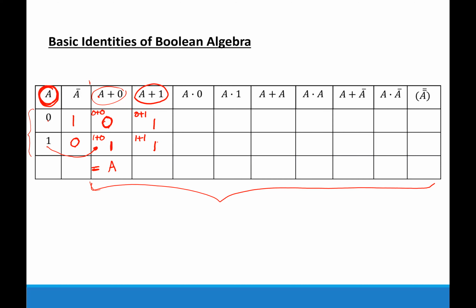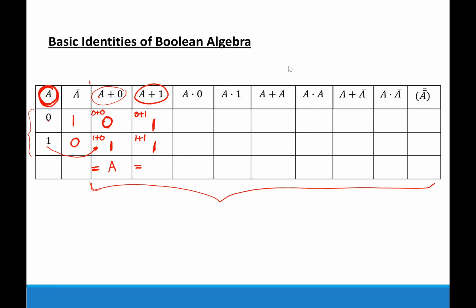Again, the final answer is equal to 1. Now what will happen to the last row? You can see whatever the value of A, after adding 1 to that value, the final answer is equal to 1.